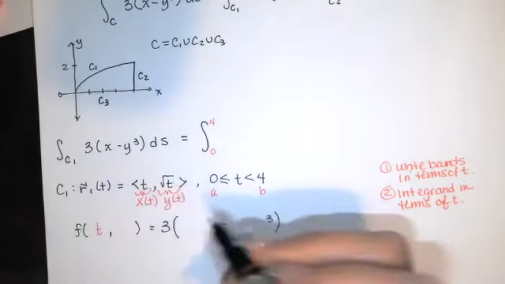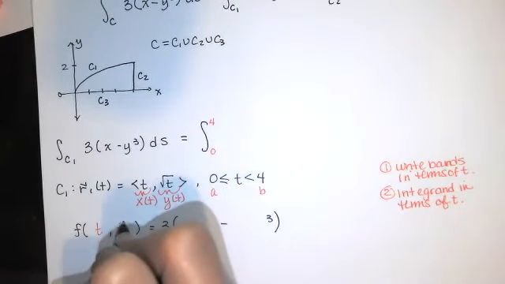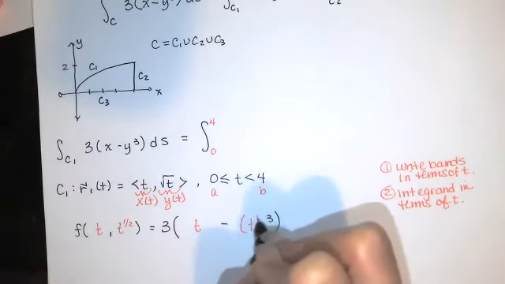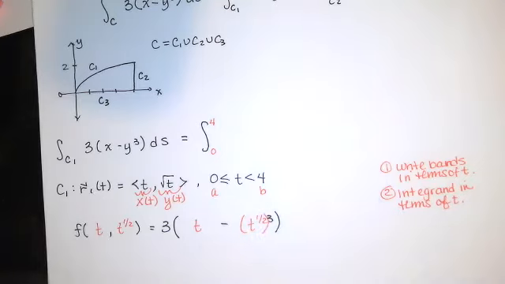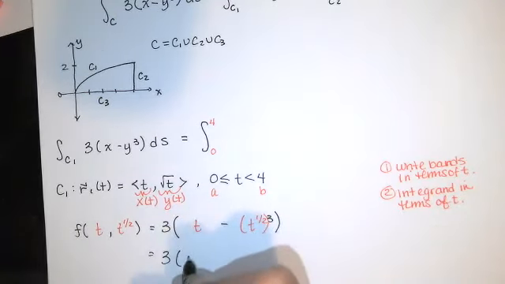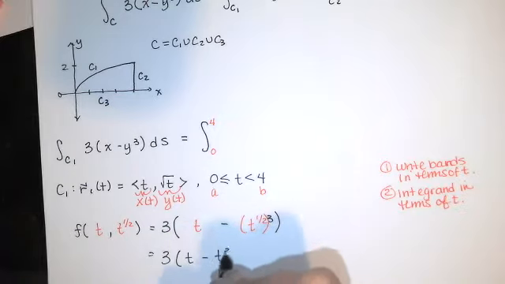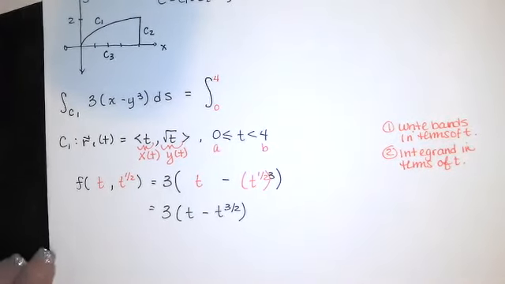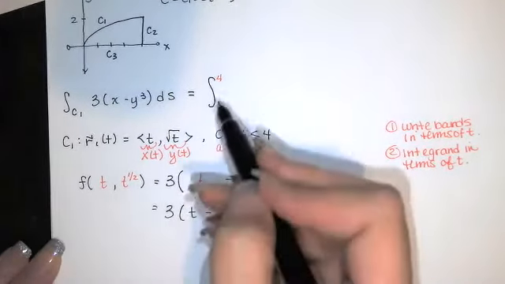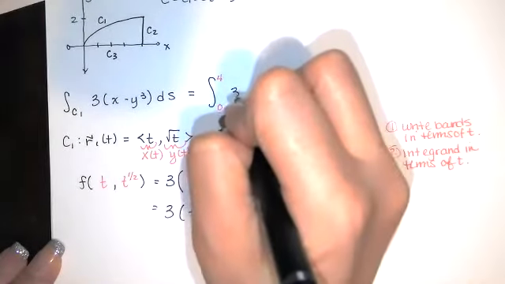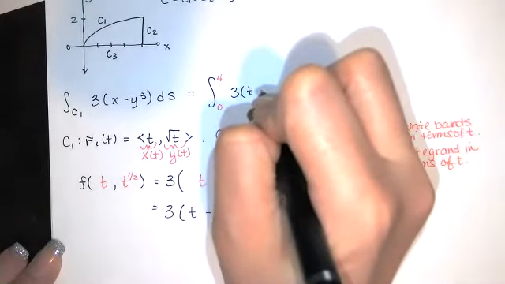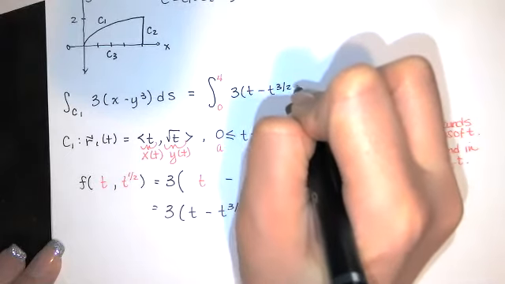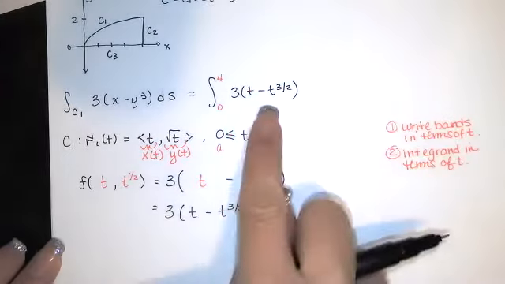You're replacing x with t, you're replacing y with t to the 1/2. So we've got this right here, 3 times t minus t to the 3/2. So that goes in right here. So that's our integrand in terms of t.